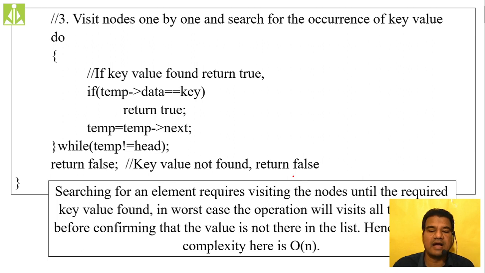So that is the reason why again the time complexity over here is order of n, because when the key is not there in your circular singly linked list, in that case we have to visit all the nodes present inside it. So the number of nodes is unknown, and your time complexity function will become order of n. Remember this one. So the rest of the things we will see in our next class, hopefully.